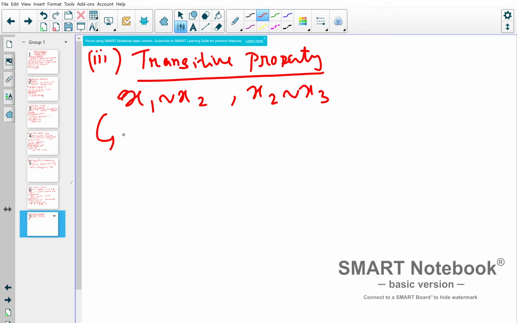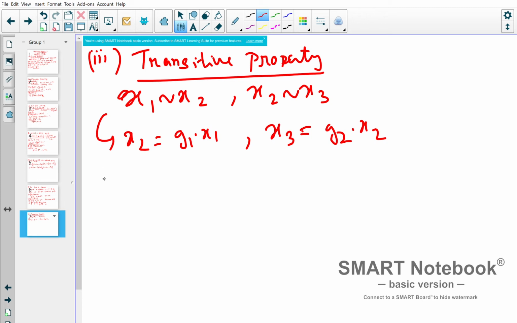That means your x2 will be equal to some g1 dot x1, right? And what is the meaning of x2 related to x3? That means x3 will be of the form some g2 dot x2, right?